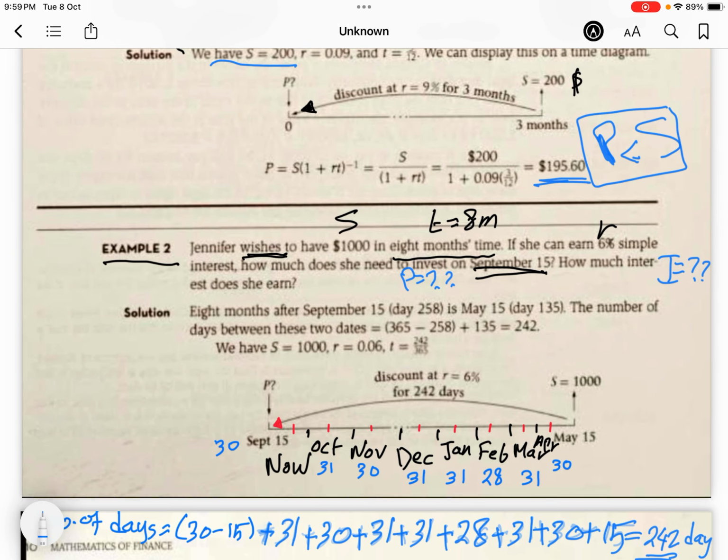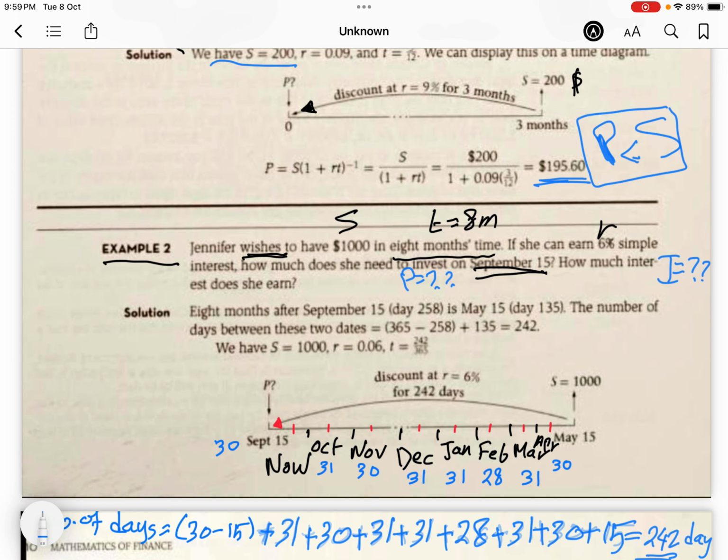Example number 2. Jennifer wishes to have S equal $1,000 in 8 months. If she can earn 6% simple interest, how much does she need to invest on September 15?